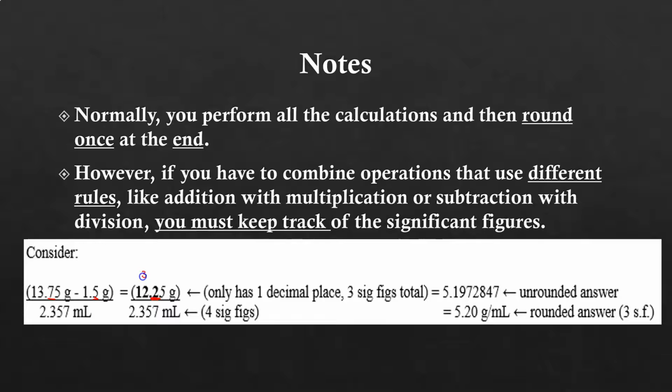So that technically makes this number 3 sig figs, but we don't want to round until the end. So we have 3 sig figs and 4 sig figs, which tells us that our answer has to be rounded to the 3rd sig fig because this is a division. Since this was subtraction, it was decimal places. Division, we do total sig figs, which would be 3 for the smallest total, and that would round to 5.20 grams per milliliter.